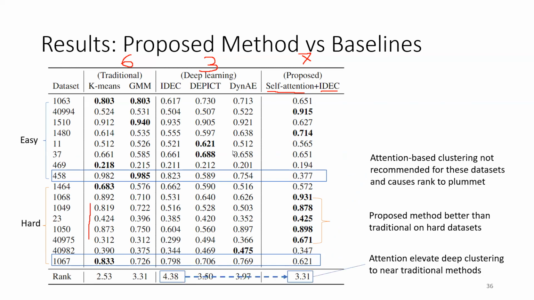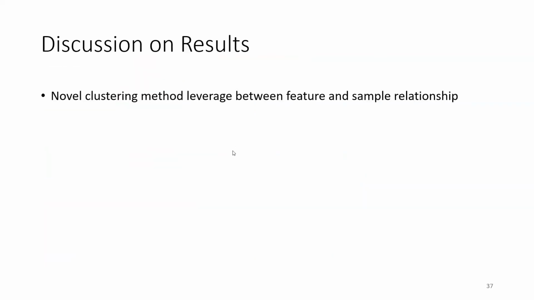And we note that adding attention takes IDEC from rank 4.3 to rank 3.3. That is as close as our traditional methods. So in this objective, we have proposed a novel deep clustering method that leverages between feature and sample relationship.